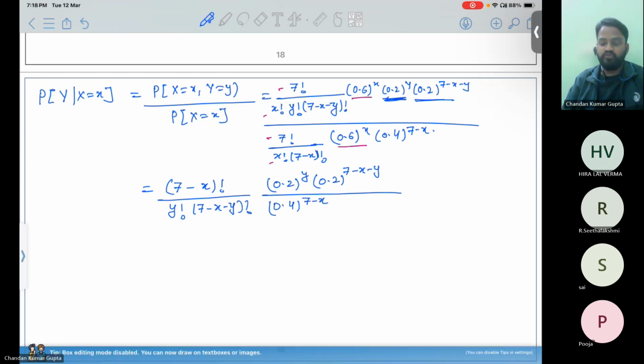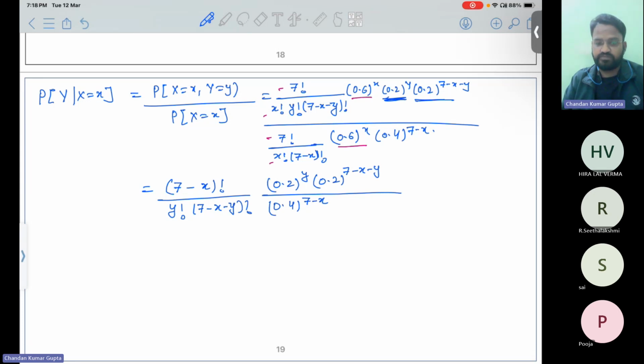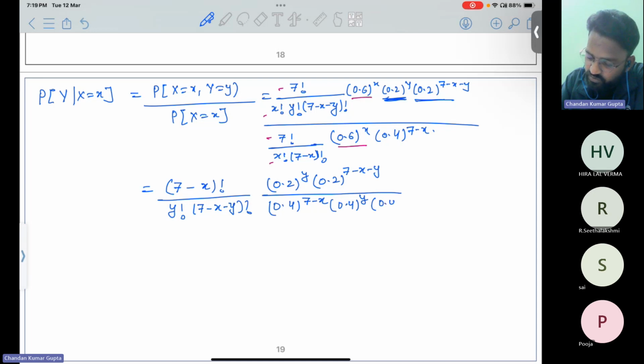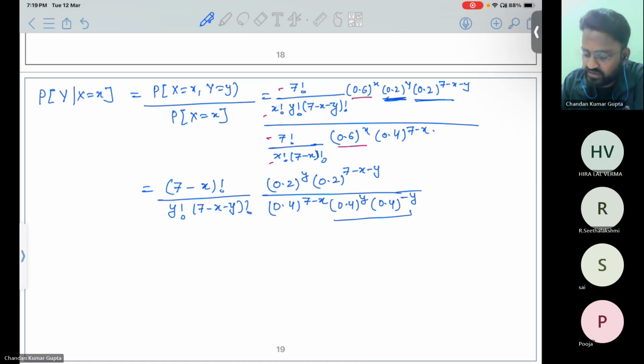For calculation purposes, we may multiply 0.4 to the power y and also 0.4 to the power minus y, which comes out to be 1.